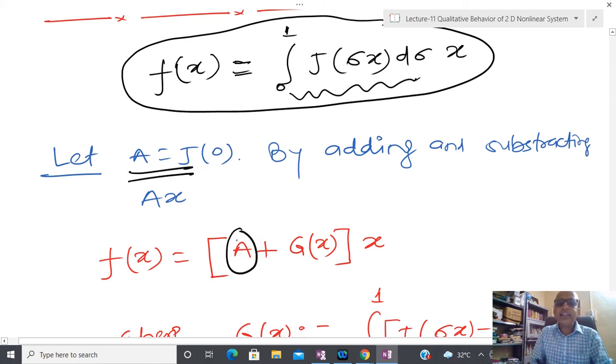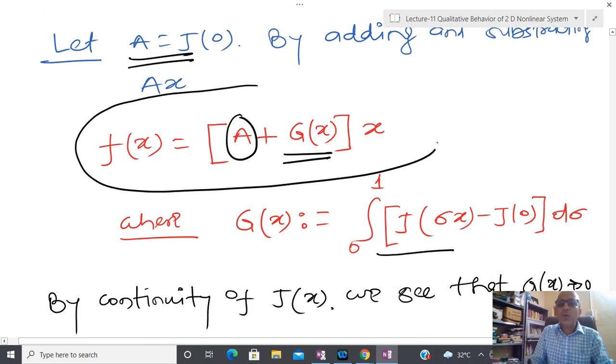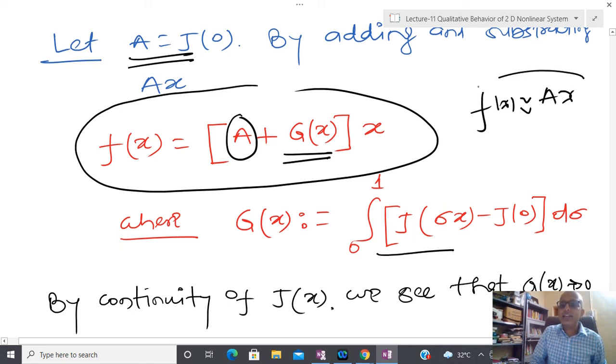In this way I generate g(x) as this function minus the Jacobian term. So in a concrete way I can write f(x) equal to, not approximated, equal to this. It is possible to show, since f(x) is continuous about 0, that if you approximate about 0, then this term equals 0, g(x) tends toward 0, and due to that my function f(x) is approximated by A times x, like this.